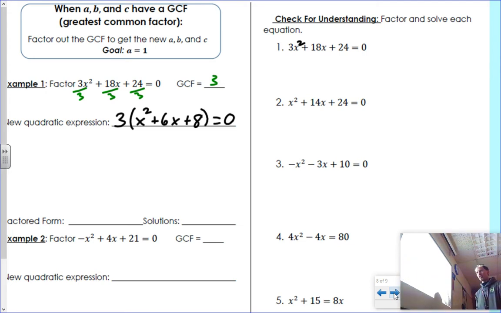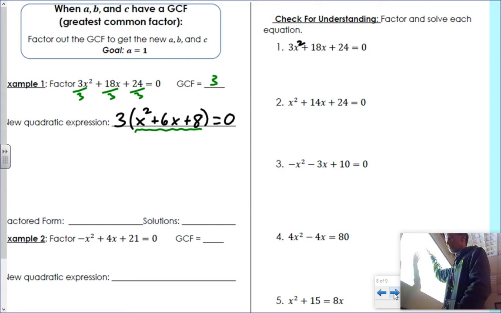It's kind of like doing the reverse of the distributive property. Now when I factor it, all I care about is this inside right here. That 3 is going to hang out, but I still ask the same question. How do I multiply to be 8, and how do I add those same numbers to get 6?